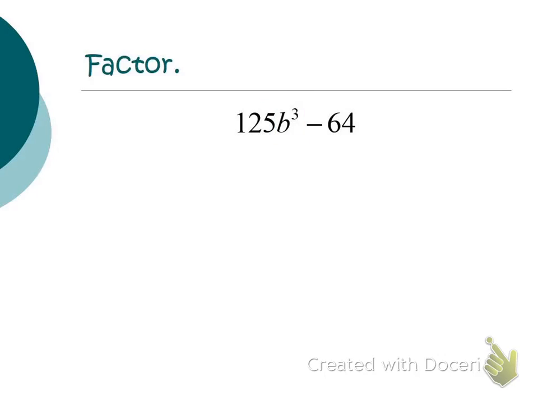So what I have to do is cube root this term and cube root this term. The cube root of 64 is 4. In your calculator, you can type in the cube root of 125, and you're going to find that it's 5. The cube root of b to the third is b. Now we get into our formula. We need a binomial and a trinomial.